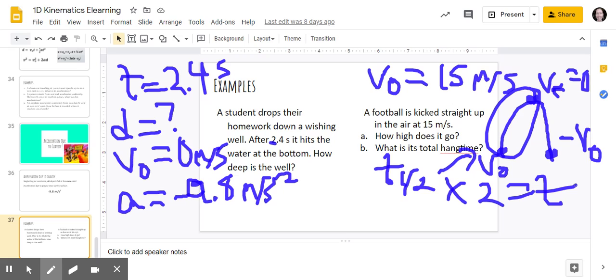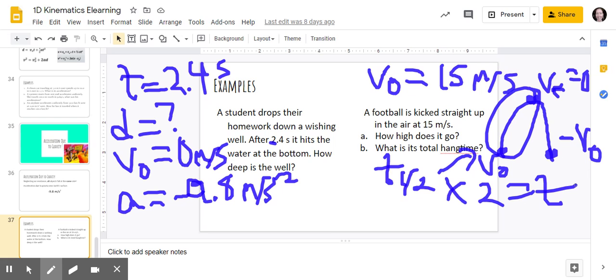Okay. So again, we're going to look at one of the big three equations that has a v naught and a vf, that has acceleration. Remember, we have acceleration due to gravity. And we're looking for time. So this one we're going to want to solve for time using one of our equations.